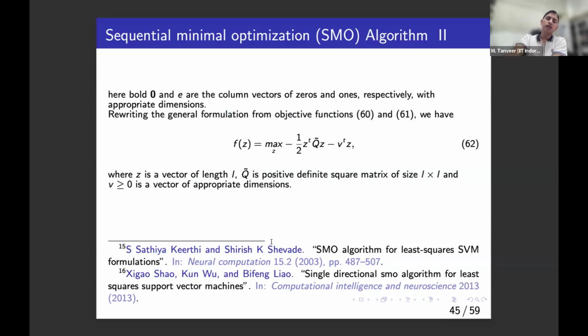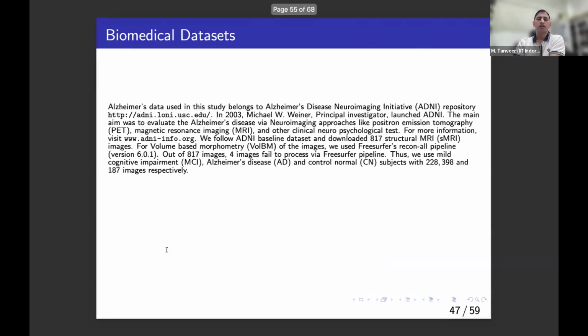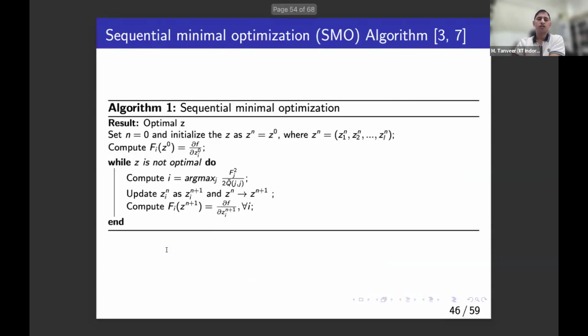Essentially, we have used the SMO algorithm that was proposed long back in 2003 by Keerthi and Shevade, and we are just using this algorithm.